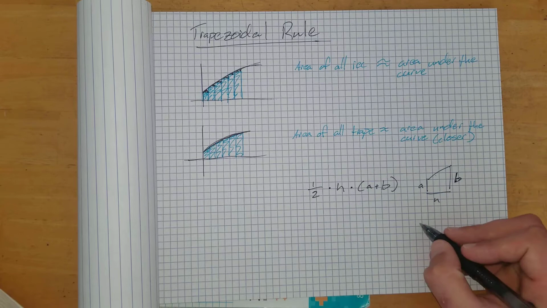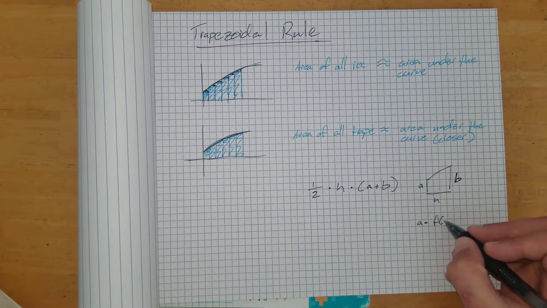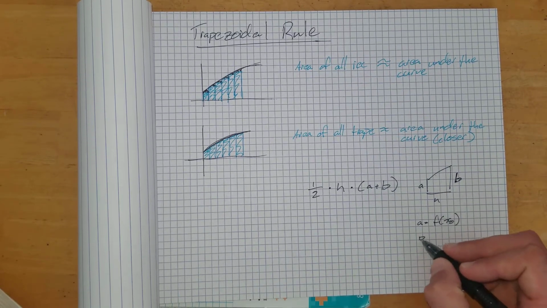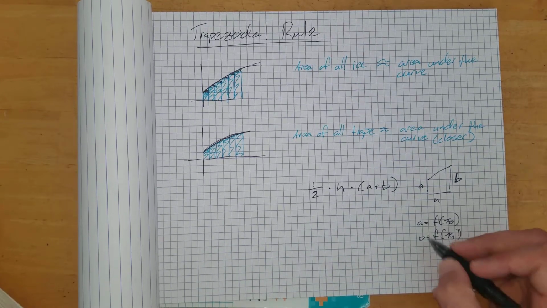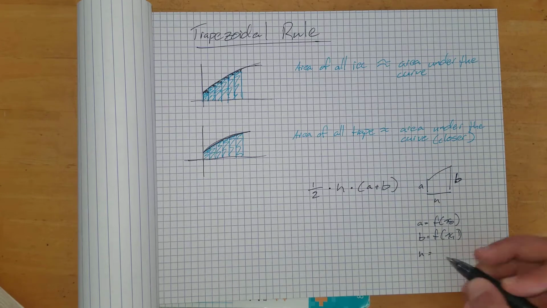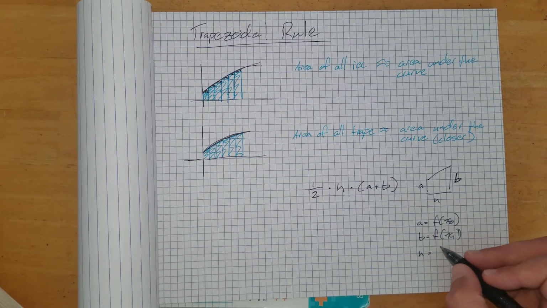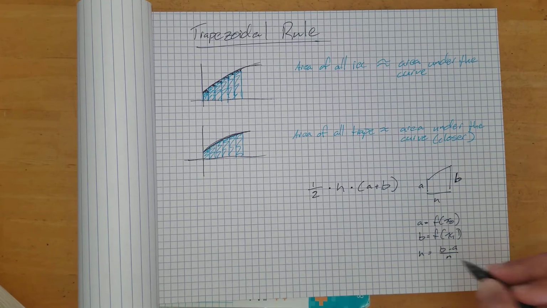And so we're just substituting a equals f of x naught, b equals f of x1, and h equals b minus a divided by n.